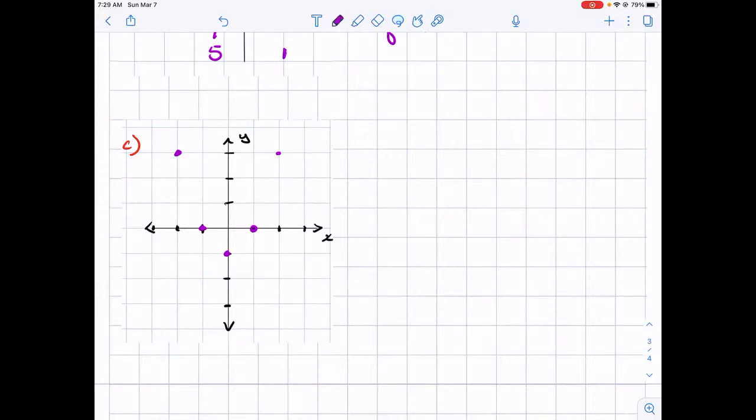So this does describe y as a function of x.